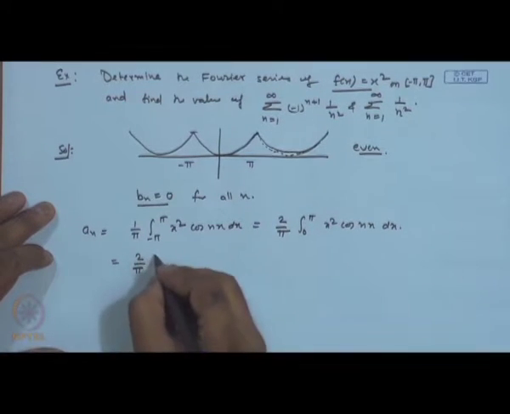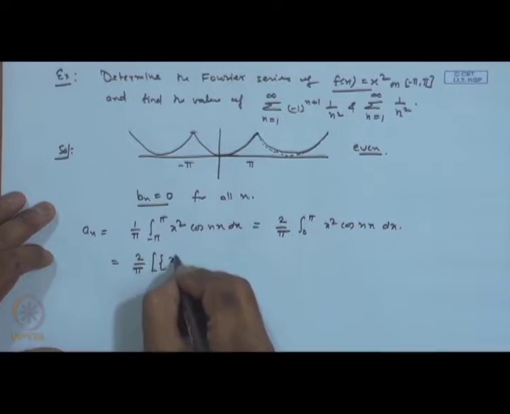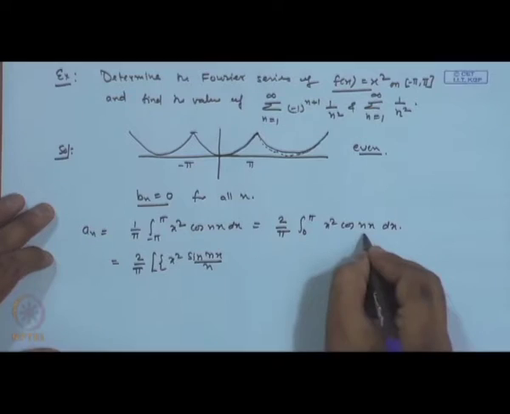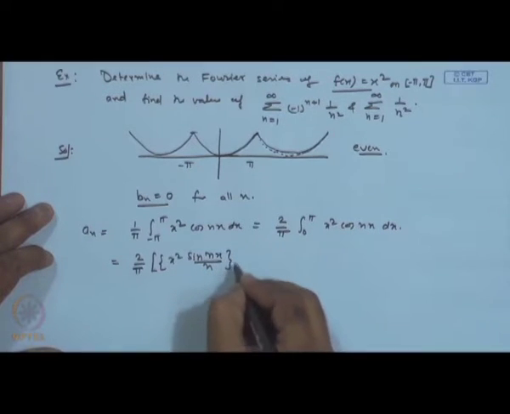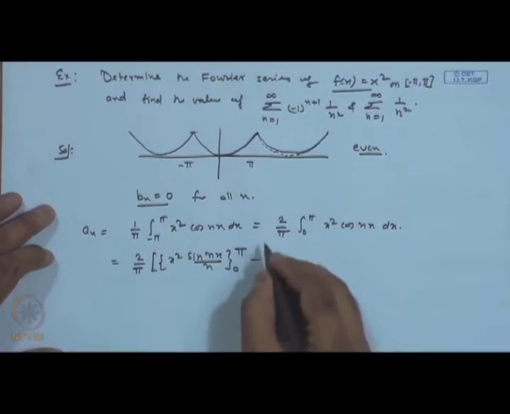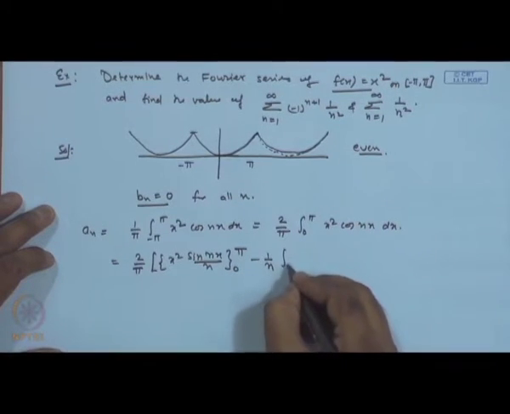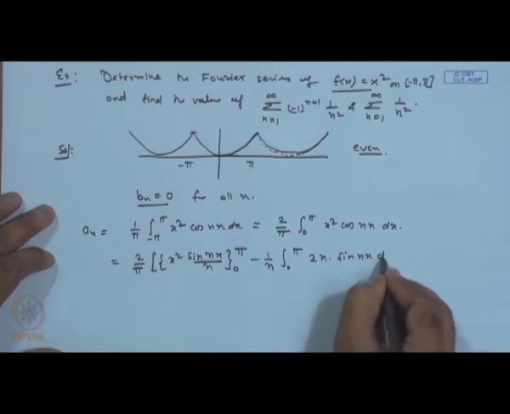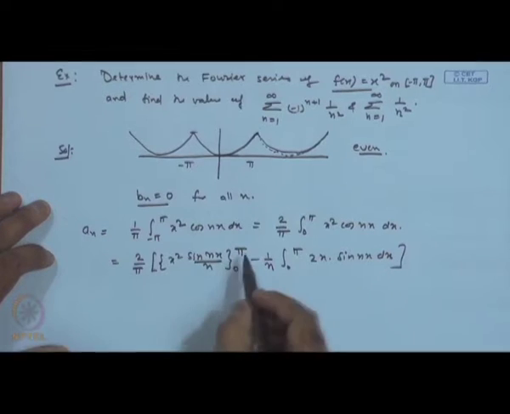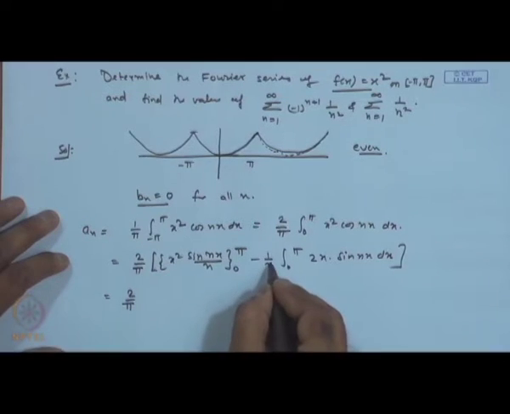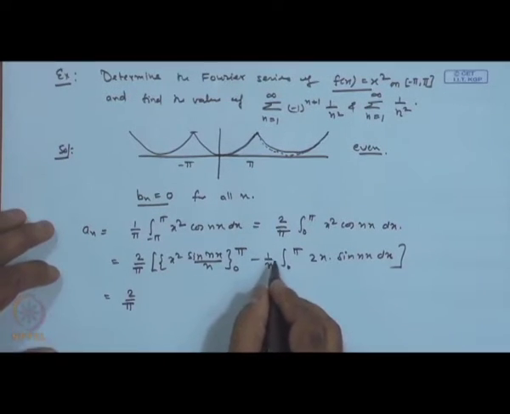So, 2 over pi, and we have here x square times sin nx over n, the integral of this, limits, minus, again this n will come, and we have the integral from 0 to pi of 2x sin nx dx. If we put pi or 0, this is going to be 0 anyway. So, we have 2 over pi and this minus 1 over n.